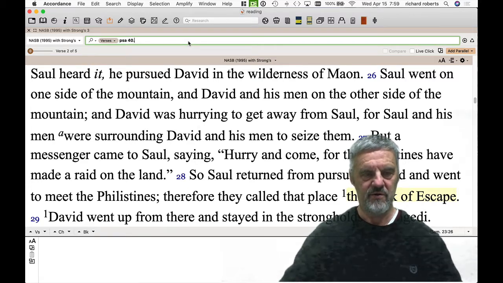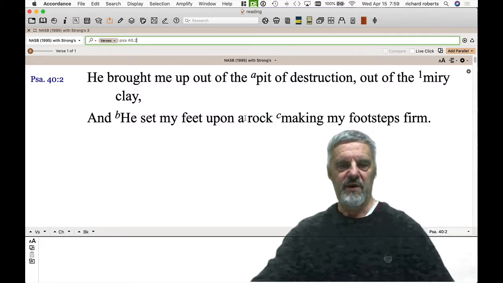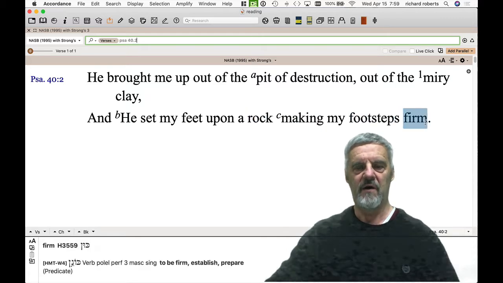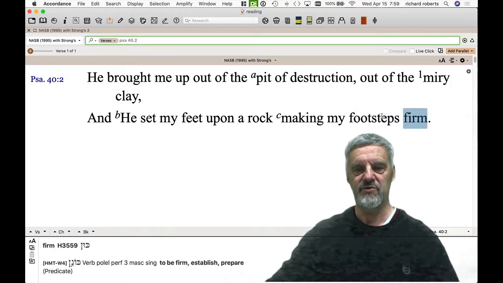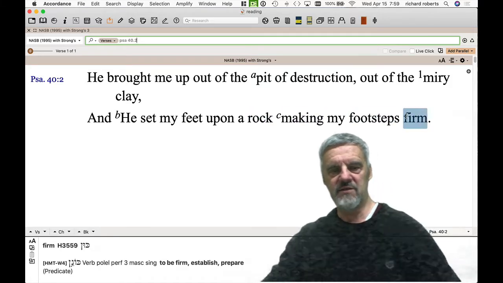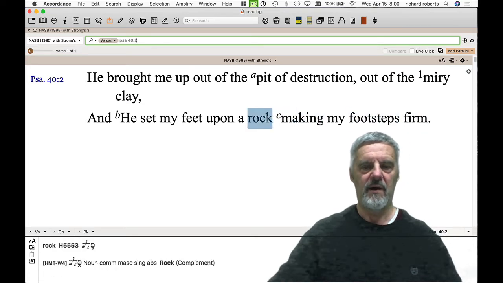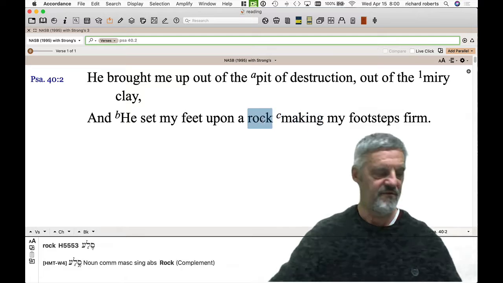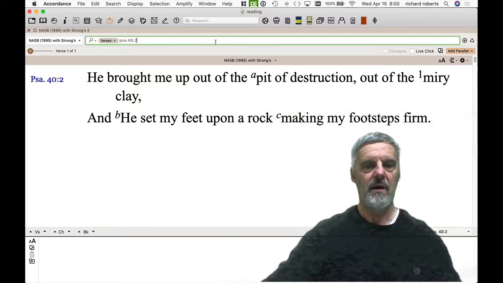So in that particular psalm, we have the rock being used as an image of firmness. The firmness of a rock is the point of connection here. Rocks are firm, and the Lord is making my footsteps firm, just like placing my feet upon the rock.